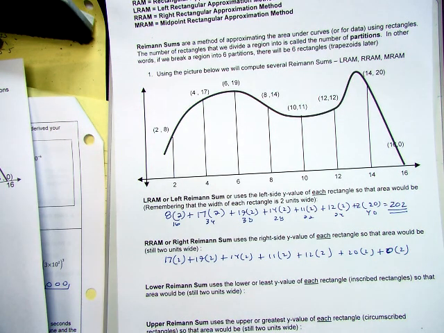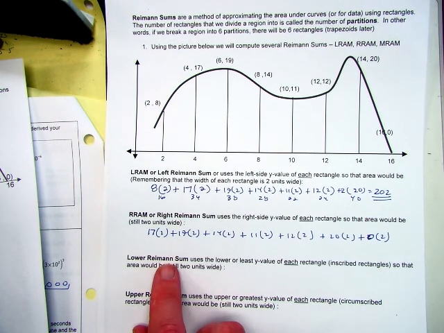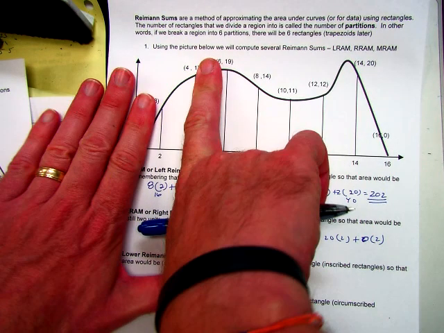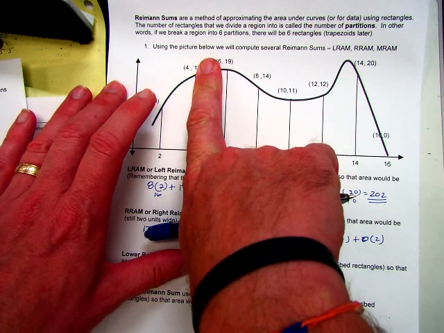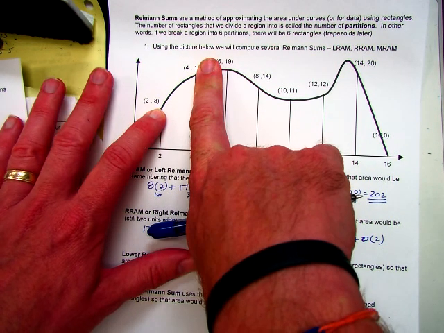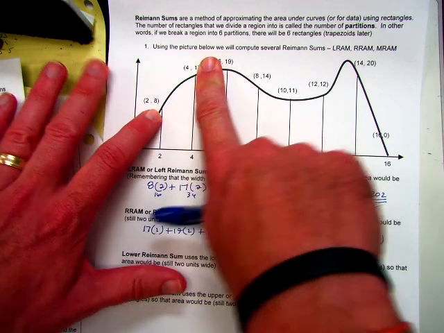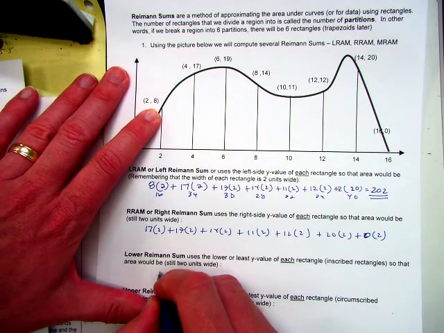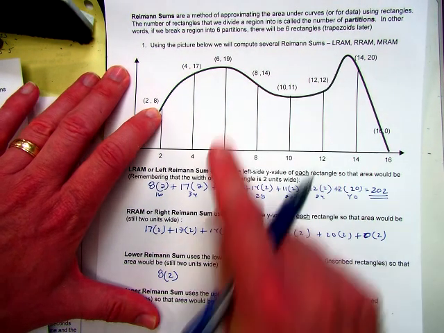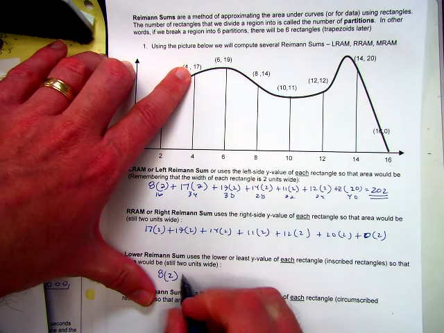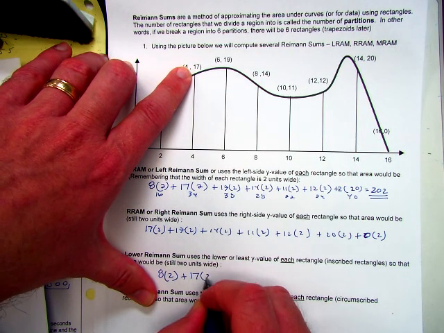Okay, so the lower Riemann sum now looks at each rectangle and takes the lowest number. Okay, it always takes the lower of the two. So in this case, it would be 8, so it would be 8 times 2. This one would be 17 times 2.